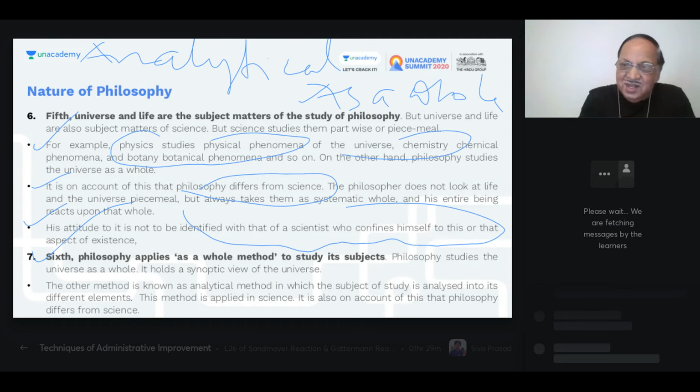Philosophy studies the entire universe and life as a whole. So this is the second difference between philosophy and science. For example, suppose I hold a rose in my hand. I ask you, what is this?